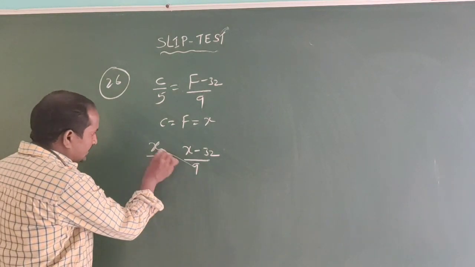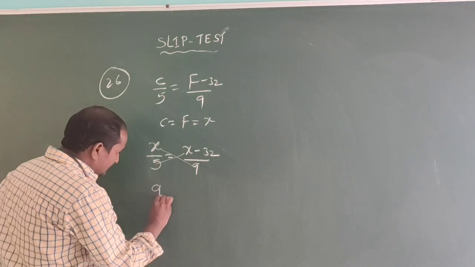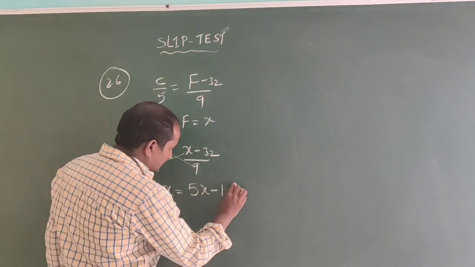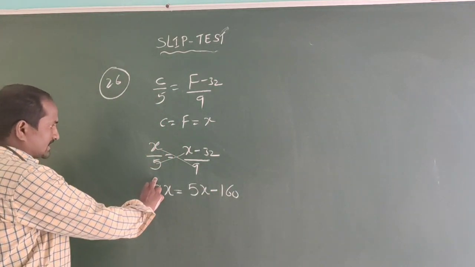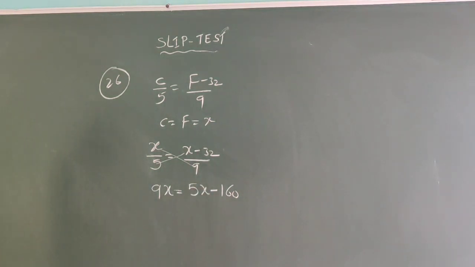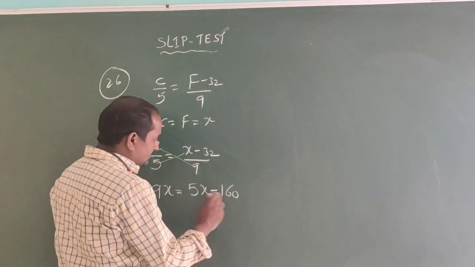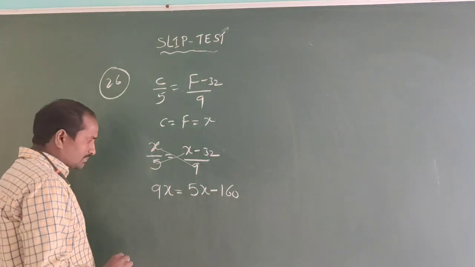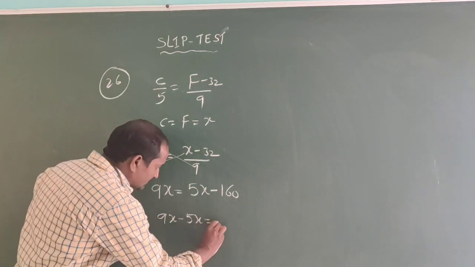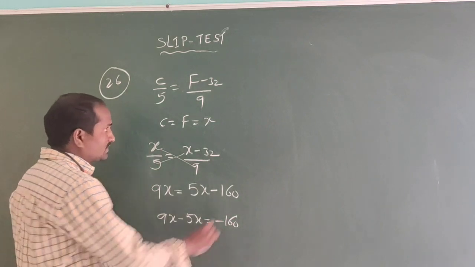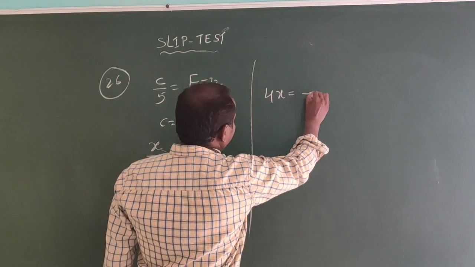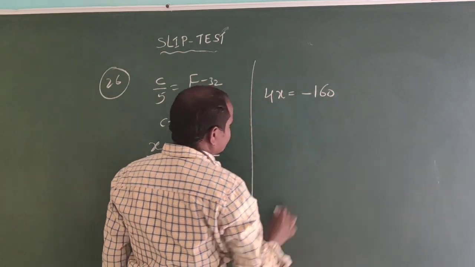Now I am doing cross multiplication here. So 9x is equal to 5x minus 160. Doing cross multiplication, 5 into x is 5x, 5 into minus 32 is minus 160. So 9x equals 5x minus 160. 5x coming to this side, 9x minus 5x equals minus 160. So 4x equals minus 160.